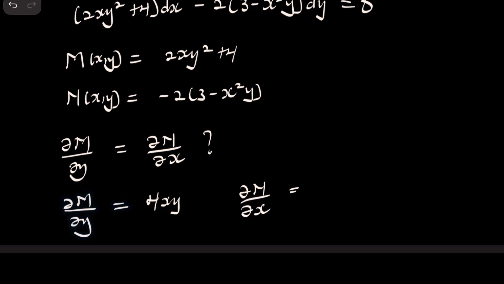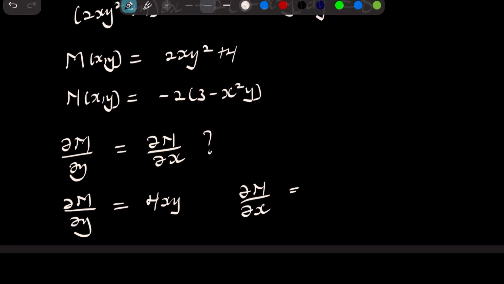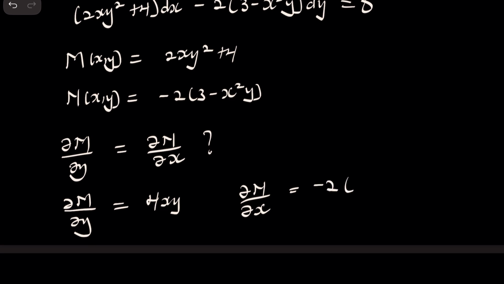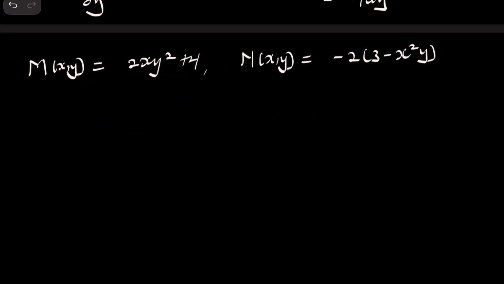So 3 will go to 0 since it's a constant. So we are going to have minus 2, then minus 2xy, which is equal to 4xy. And so this differential equation is exact since partial of m with respect to y is equal to partial of n with respect to x.